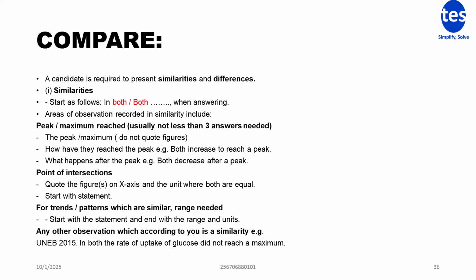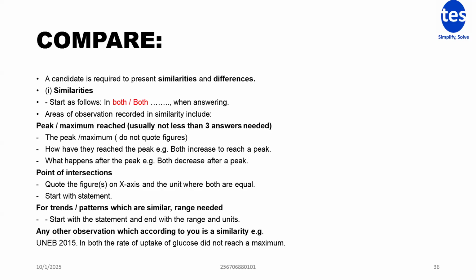But the key important thing there is you must note the figure on the x-axis. So here you start with the statement, then the figure is quoted later, just like I said. Don't say that at 3 minutes, they have equal concentration.